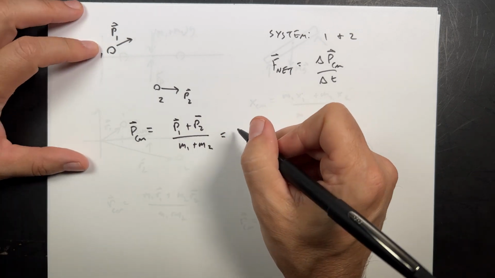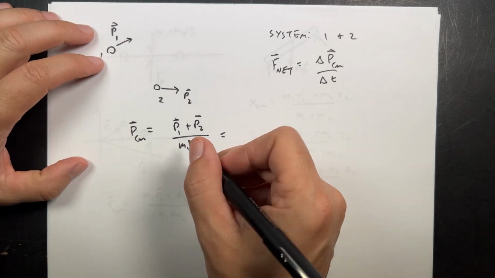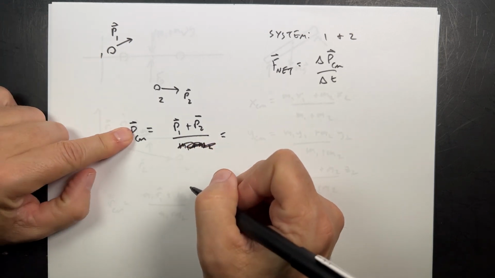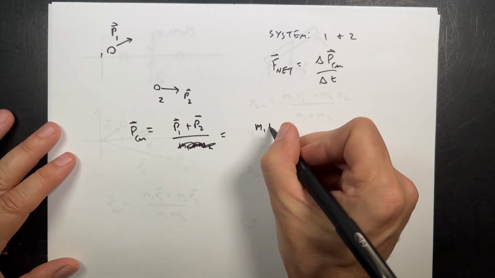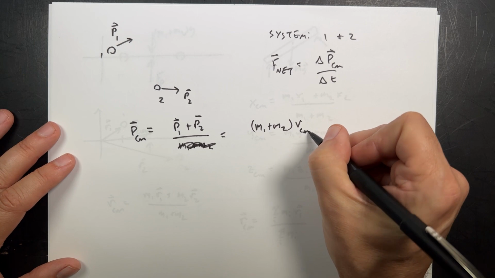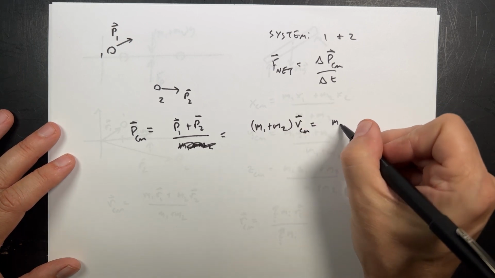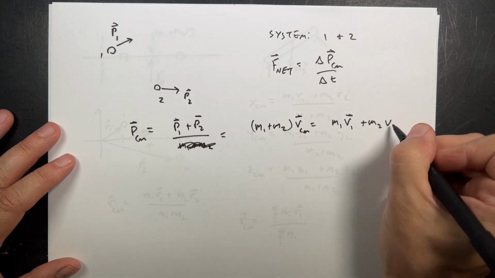And then you can see I get here, this is the total, wait, no, that's it, right? But then the momentum of the center of mass I can write as M1 plus M2 times the velocity of the center of mass, and that's going to be equal to M1 V1 plus M2 V2.